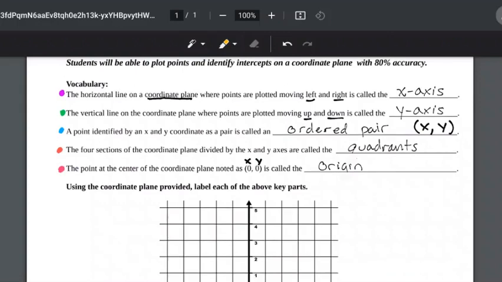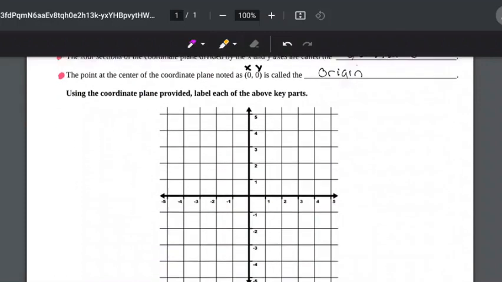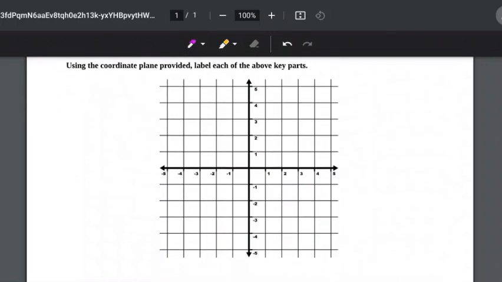Okay, so we're going to go ahead and now identify each of these terms on our coordinate grid right here. So our first term, the x-axis, I'm going to label in purple. We go across from left to right, and this is our x-axis.